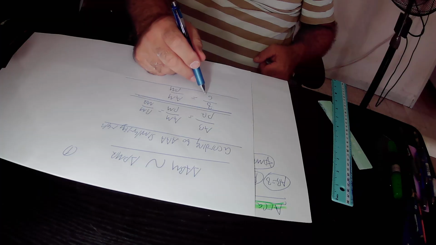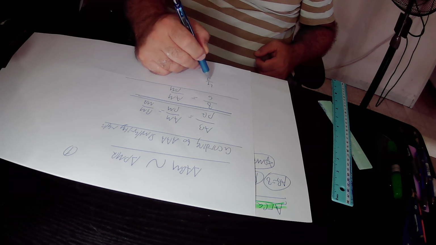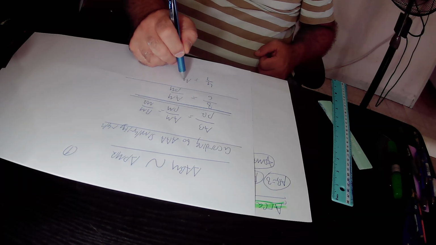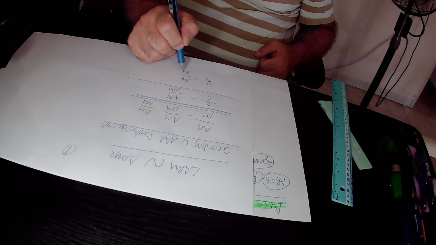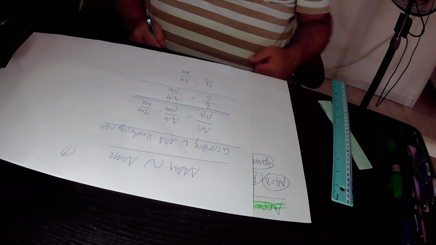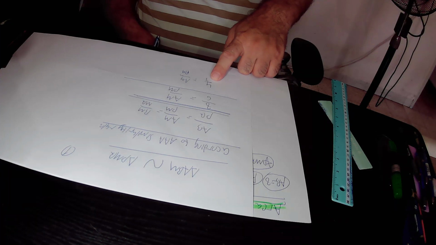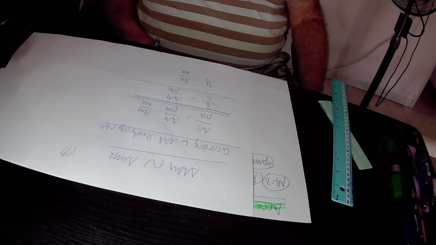Here we will divide both the numerator and the denominator of this fraction by 2. 8 over 2 is 4 and 6 over 2 is 3, and it is equal to AM over PM. Here we multiply both the numerator and the denominator of this fraction by A. A over A is 1, and it is allowable to multiply anything by 1.